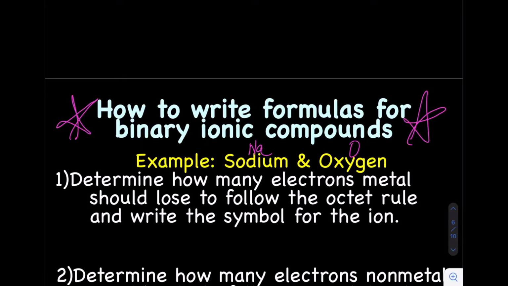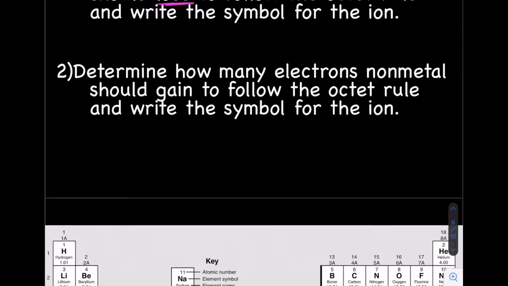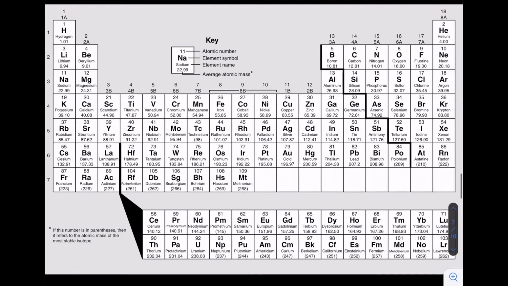All right, so first step, determine how many electrons the metal should lose. Remember, metals lose electrons to follow the octet rule or to become like a noble gas, and write the symbol for the ion. So the metal is going to be sodium. So we've got our periodic table here, and here is sodium.